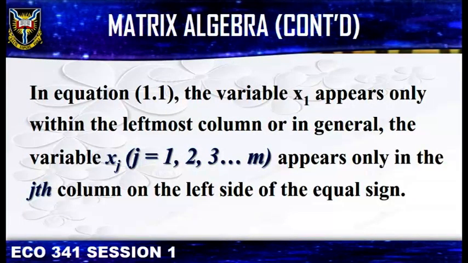In equation 1.1, the variable x1 appears only within the leftmost column, or in general, the variable xj, j equal to 1, 2, 3, ..., n, appears only in the jth column on the left side of the equal sign.